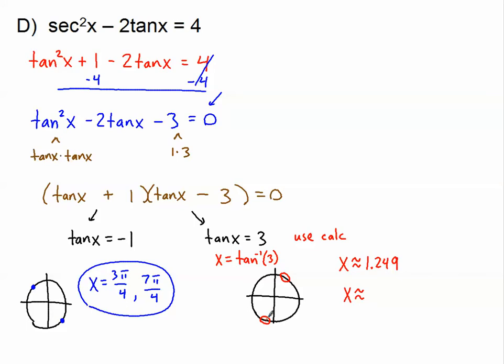How am I going to find this other angle? Well, I sort of just gave it away, didn't I? What's the distance between these two in terms of radians? They're exactly pi units away. If I add pi to this angle, I will have this other angle.